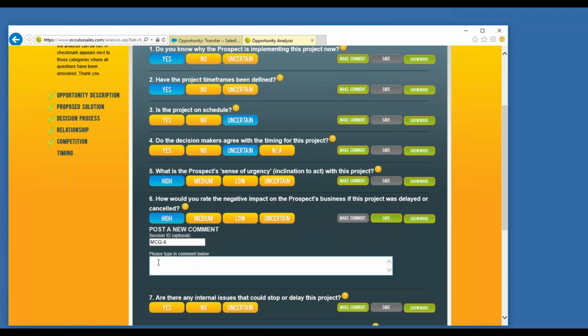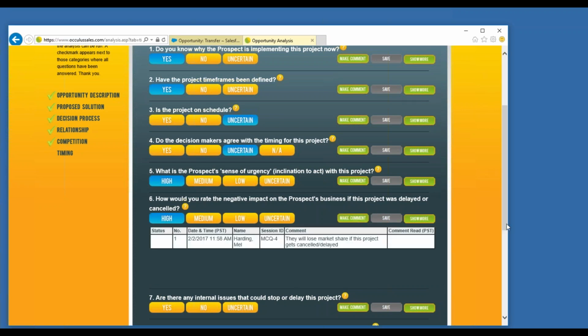Very high. This has to go forward. They will lose market share if this project is canceled or delayed.